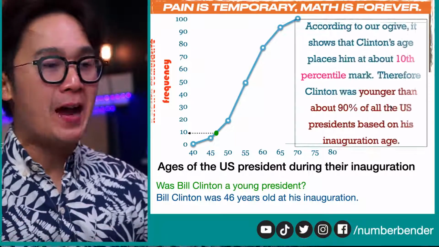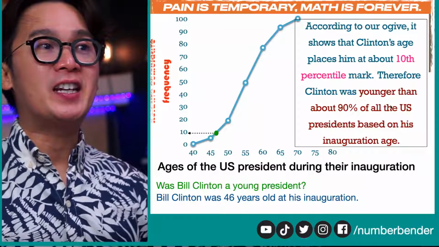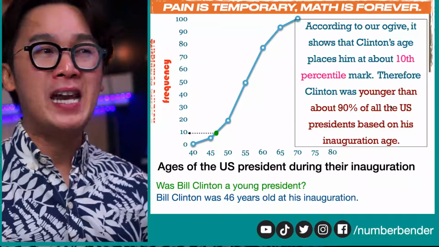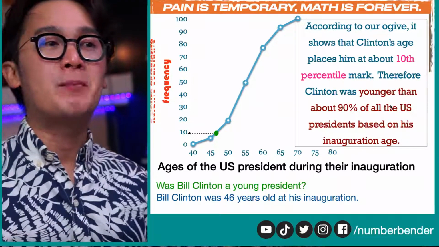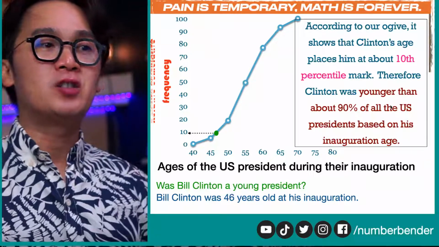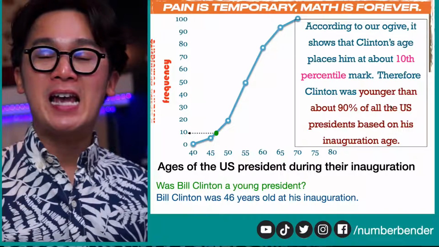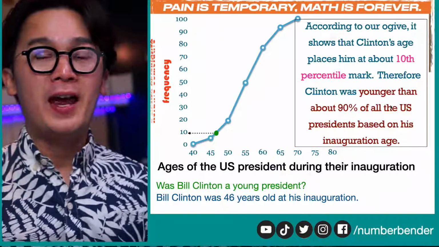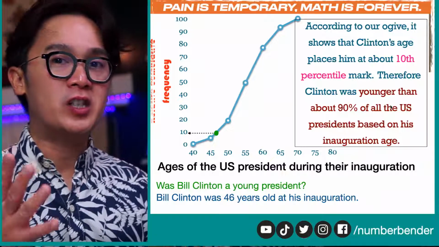We can say that according to our ogive, Clinton's age places him at about the 10th percentile mark. Therefore, Clinton was younger than about 90% of all the US presidents based on his inauguration age. So this is how we use ogive and our FDT to interpret and answer some questions based on our data set.